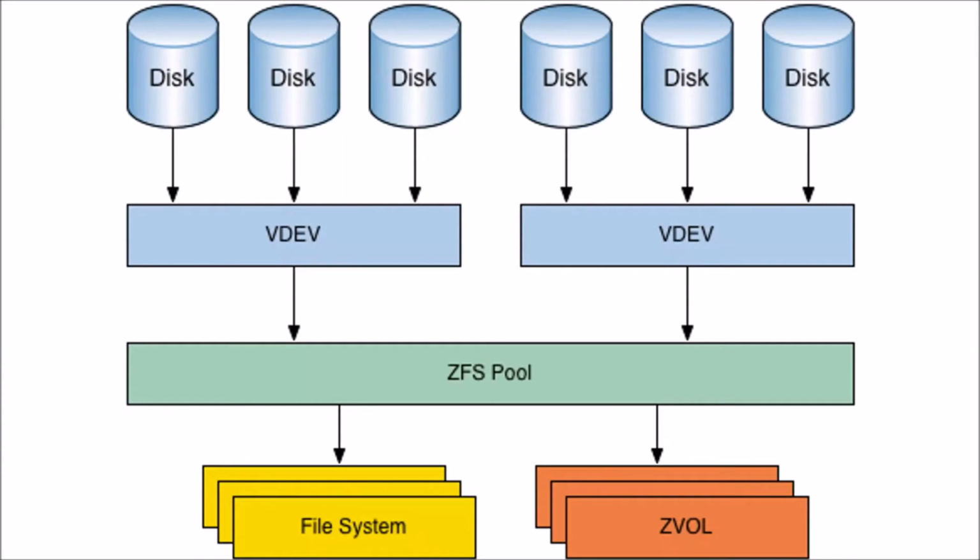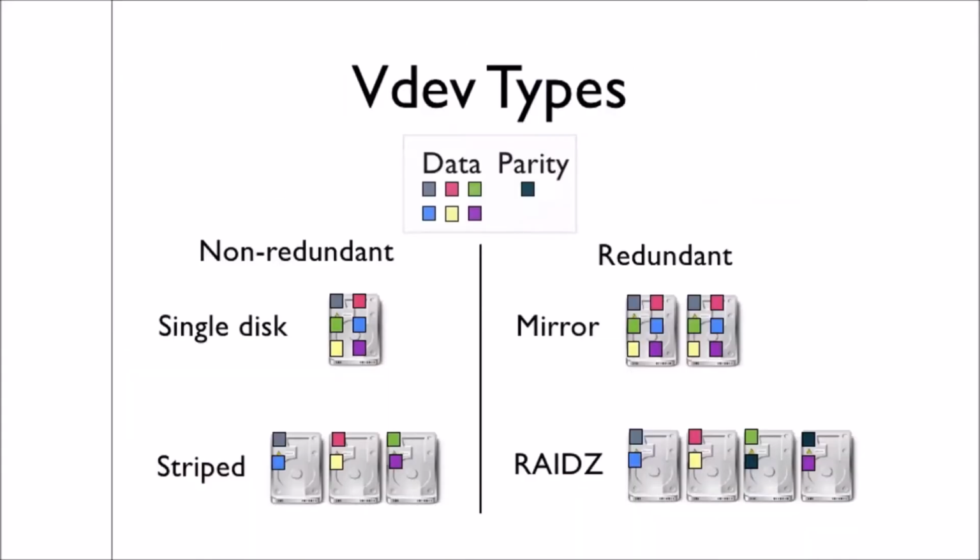Now, VDEV types. You can divide them into one of two categories, either redundant or non-redundant. Non-redundant could be single disks. So if I had six 1 terabyte drives, I could put them in there as six 1 terabyte VDEVs, and I would have 6 terabytes of storage.